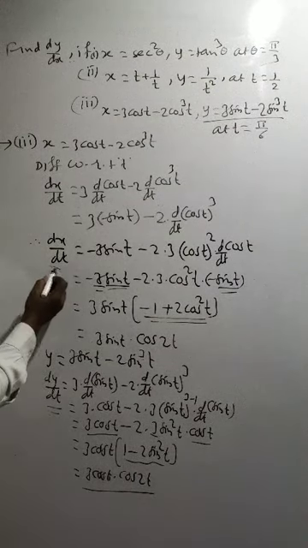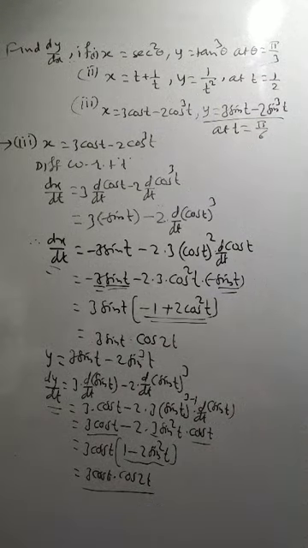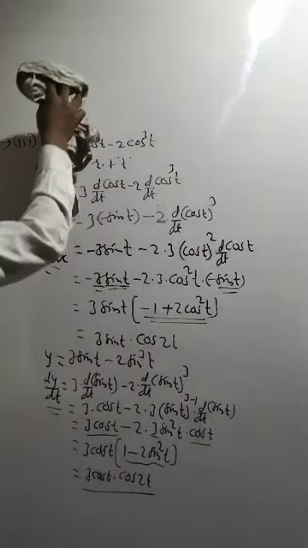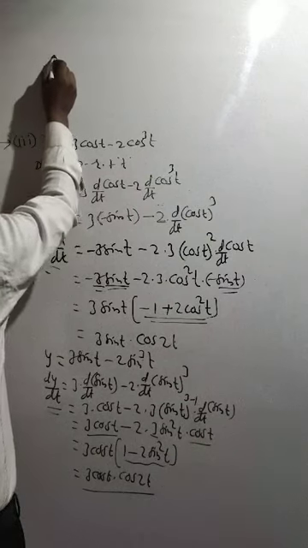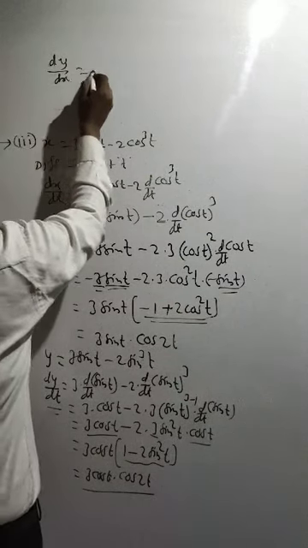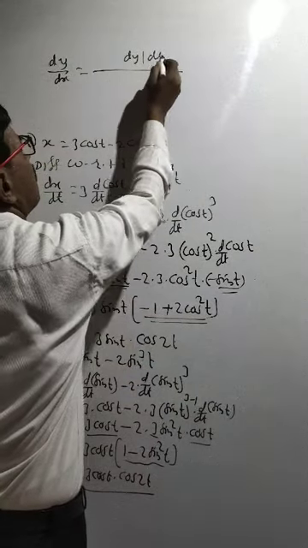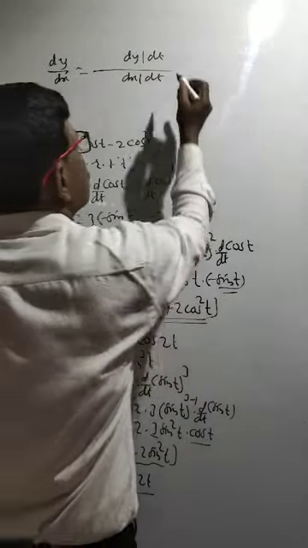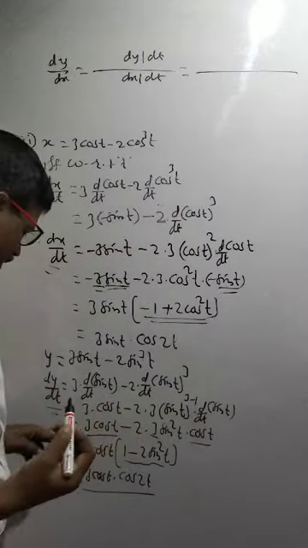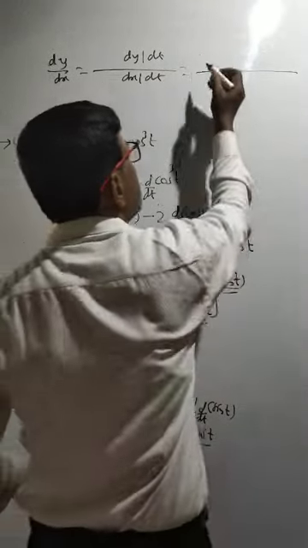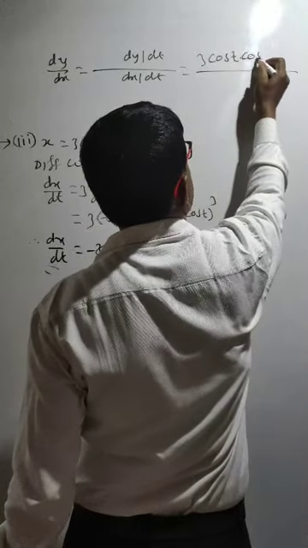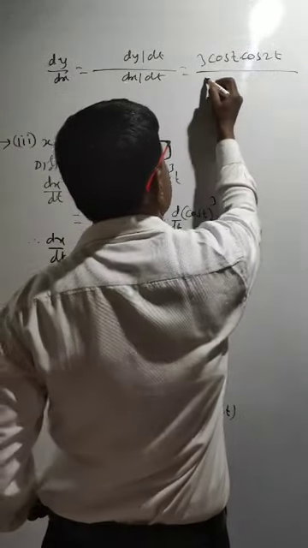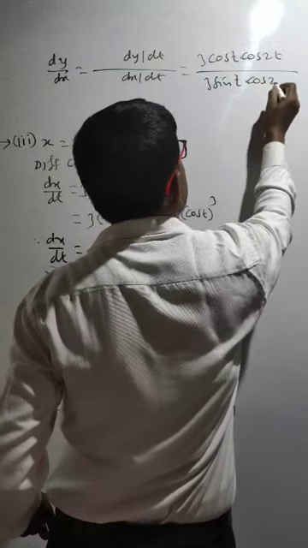Now from these two values we find dy by dx. Therefore dy by dx equal to dy by dt upon dx by dt, equal to 3 cos t into cos 2t upon 3 sin t into cos 2t.